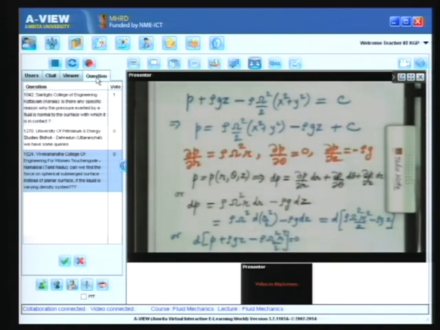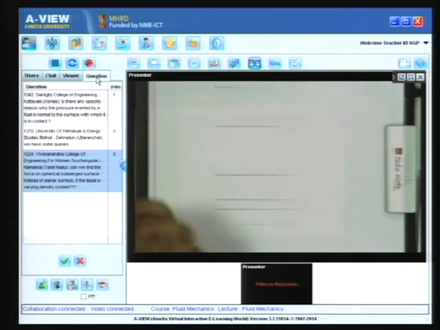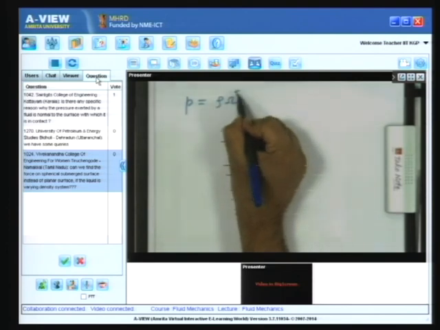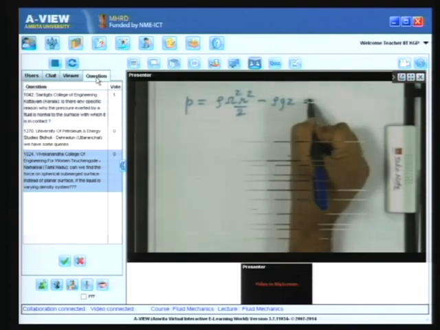Hence, this quantity is going to be a constant. You are going to have p plus rho g z minus rho omega squared r squared by 2 is equal to some constant, or p is equal to rho omega squared r squared by 2 minus rho g z plus c.